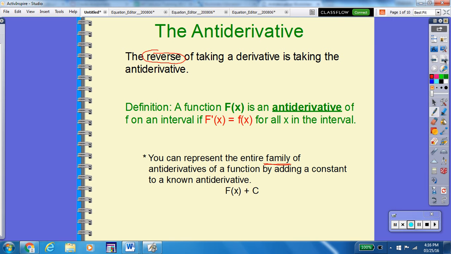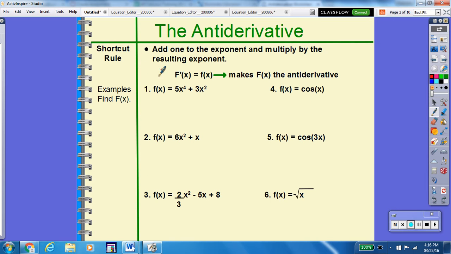So how do you work with this? Well, one of the shortcuts we came up with on Thursday was simply to do the reverse of a derivative. Instead of subtracting one, we are going to add one to that exponent, and then we are going to multiply by the reciprocal of the resulting exponent.